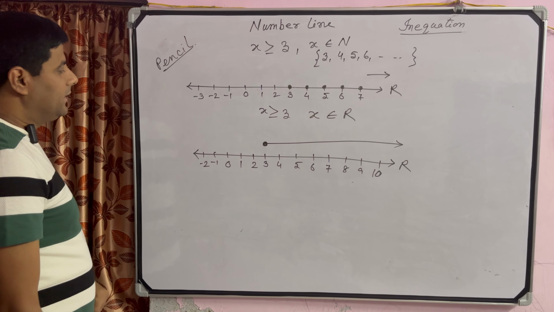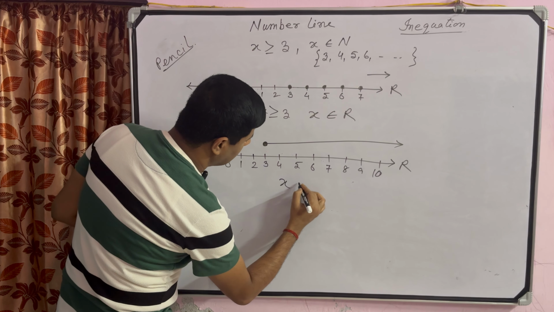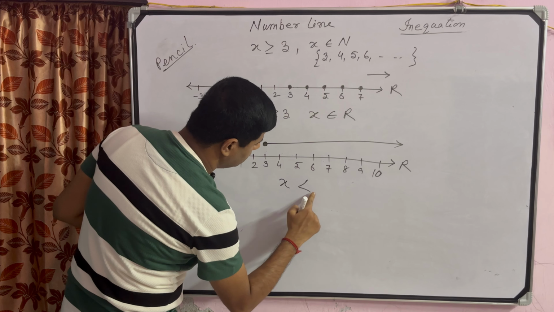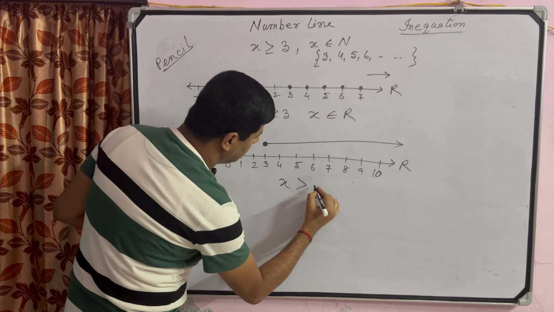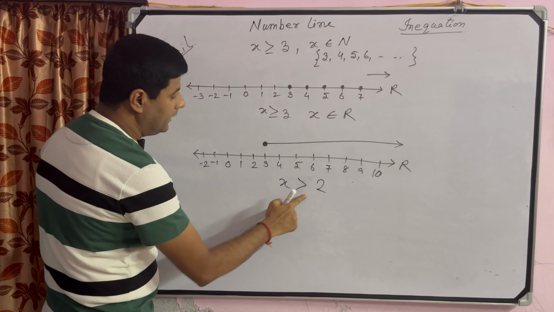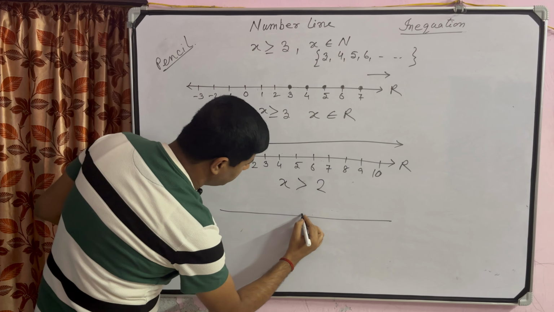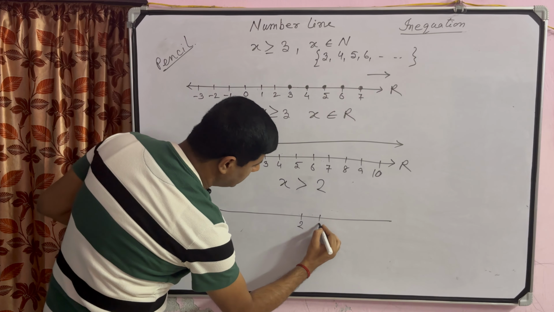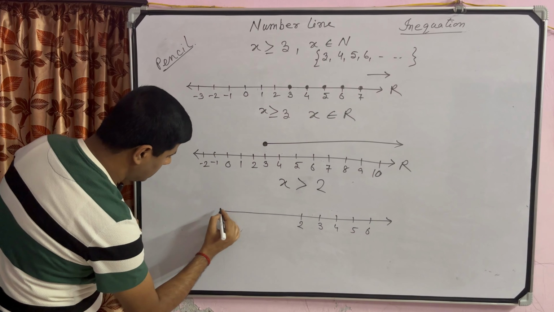Now, I'm trying to make it a little bit harder. Suppose instead of greater than or equal to 3, it is something like this. I'm writing x is greater than 2, but it is not equal to. Equal to is not there. So we'll do the same thing. Suppose this is 2 and greater than 2 it is saying. So obviously I will go this side. Okay.